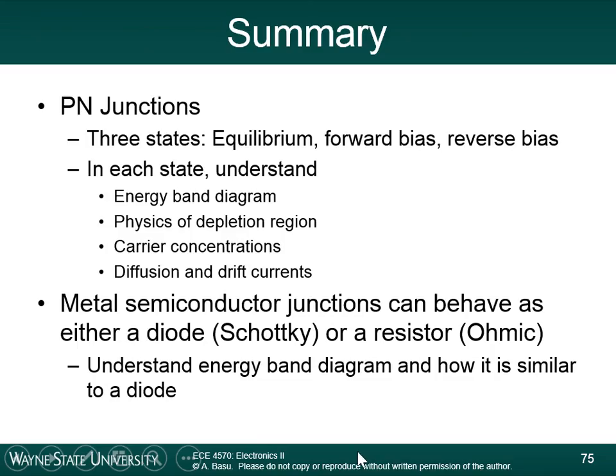So in metal semiconductor junctions, they can behave as a diode or a resistor, depending on phi m and phi s. So just understand the energy band diagrams, how to draw them, and how they're similar to a diode or to a resistor, depending on what type of junction you have.